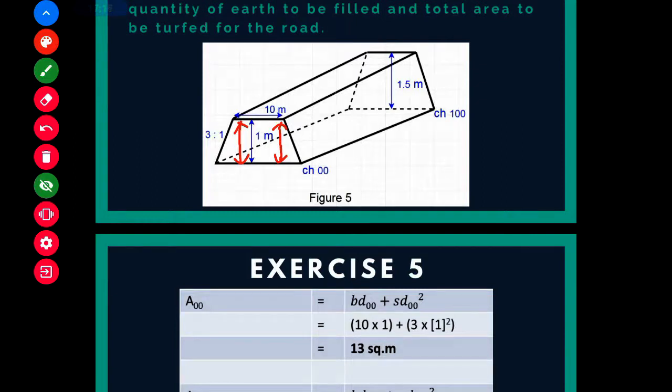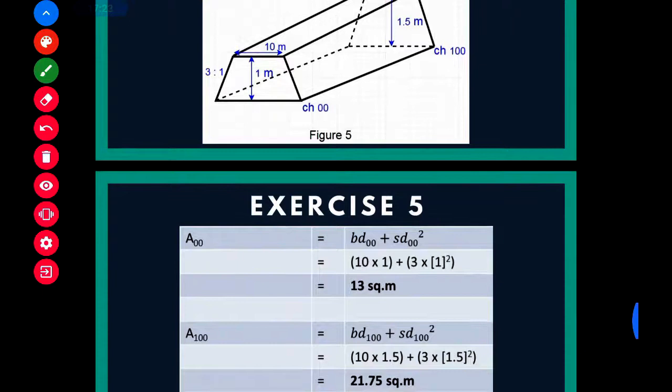So if you calculate the average also you will get 1 meter, so no need for you to calculate the average. So B equal to 10, your D is 1, S is 3 and your D is 1, so you square, so you will get surface area for chainage 00 is 13 square meter.